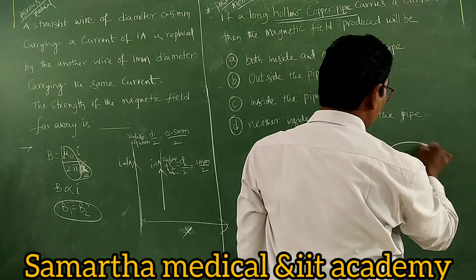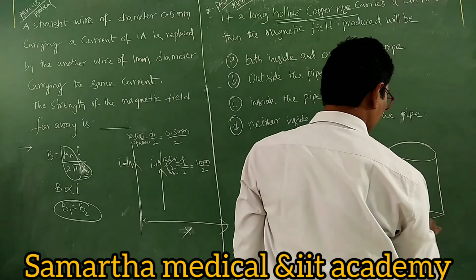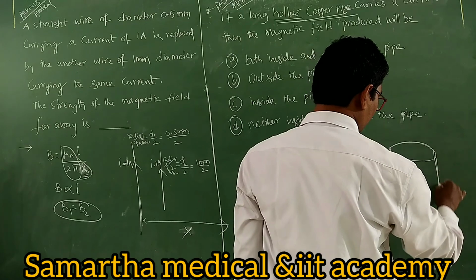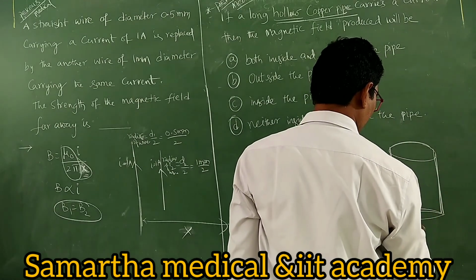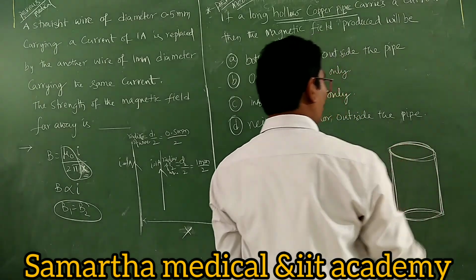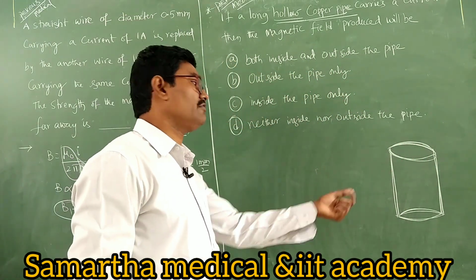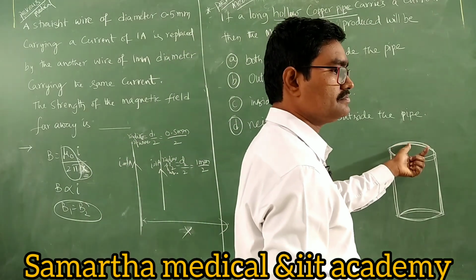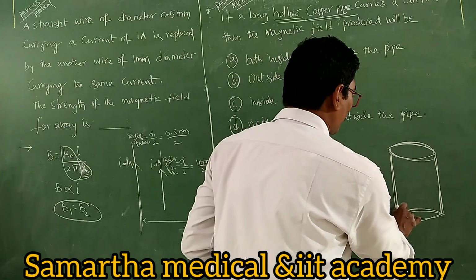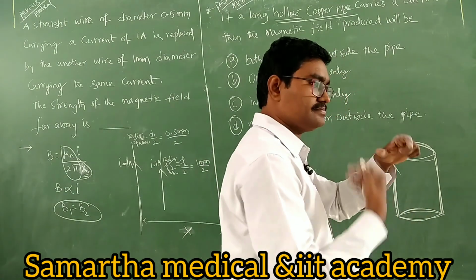So there is a pipe, and it has some thickness. Where will the current flow, inside the copper pipe or even inside the gap? The current will pass inside the copper material only.